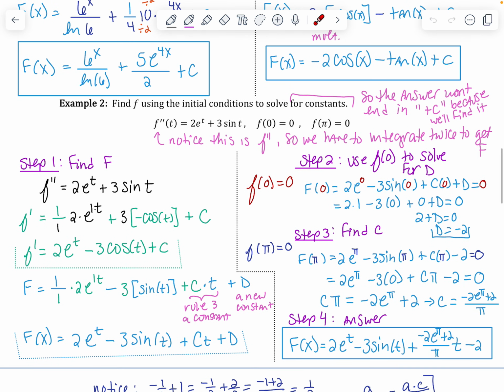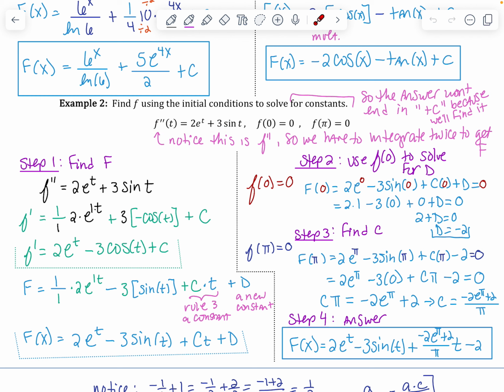Okay, now I was mentioning sometimes our answer will not end in plus c because we're going to be given what are referred to as initial conditions so that we can solve for that c. So just restating, we won't answer plus c because we're going to find some sort of value for c. And one other thing to notice on this particular problem, they gave us f double prime.